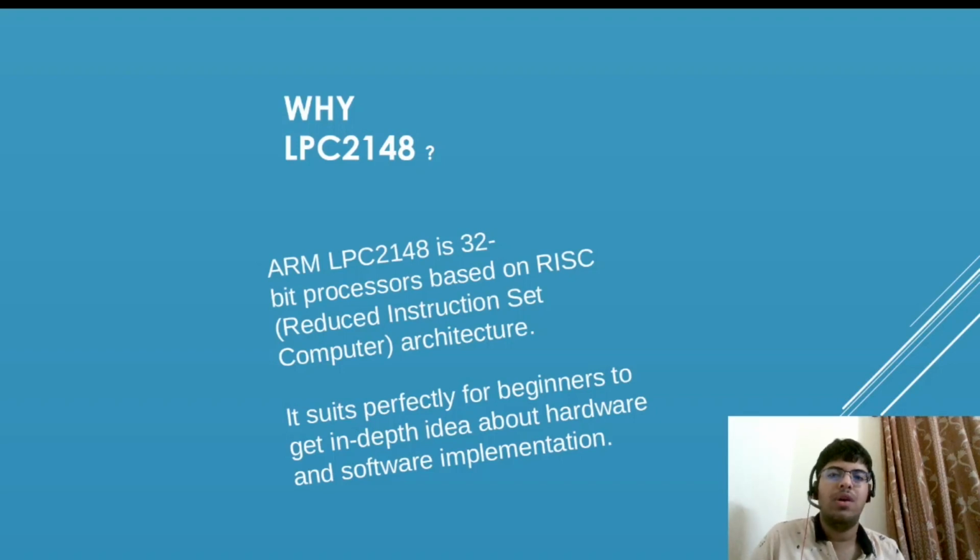Now, if you have learned about RISC, you know what the differences are, which is complex and which is not complex. And because we need to use less memory, less time, less everything. It also suits perfectly for beginners to get an in-depth idea about the hardware and software implementation.